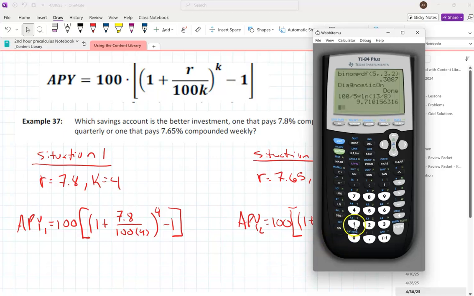And the one with the better APY is the one that I should choose.